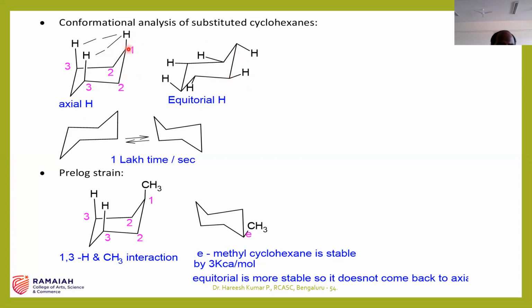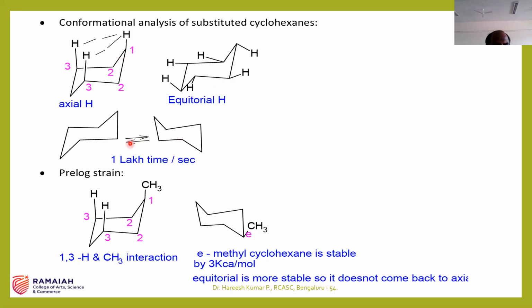Only in the case of axial substituted ones will we have 1,3 diaxial interactions, and those are unstable. Okay, that's what you need to remember. So overall, between 1,3 diaxial and 1,3 equatorial, the 1,3 equatorial ones are more stable.